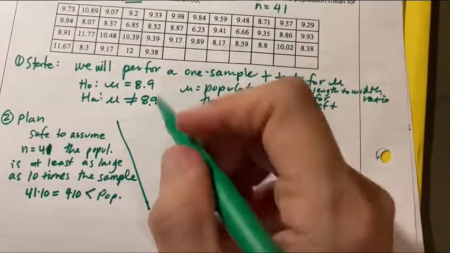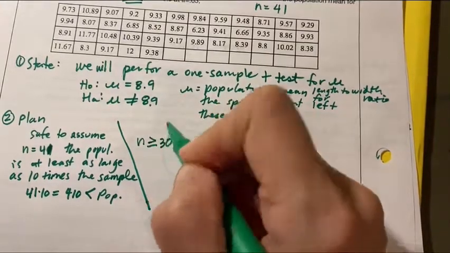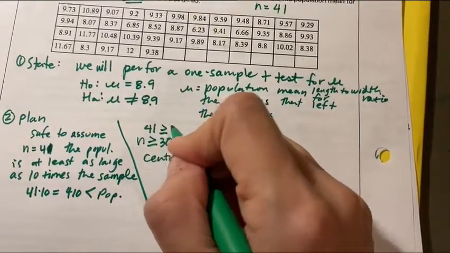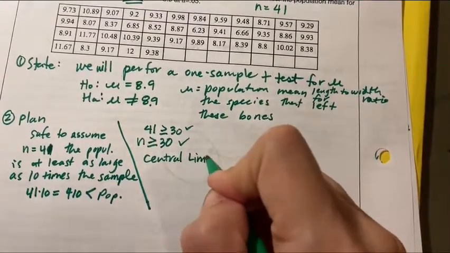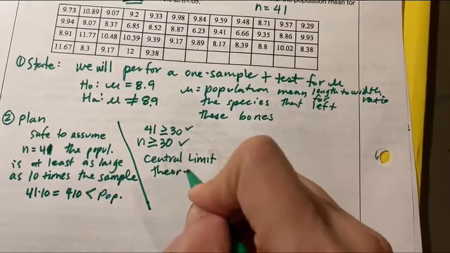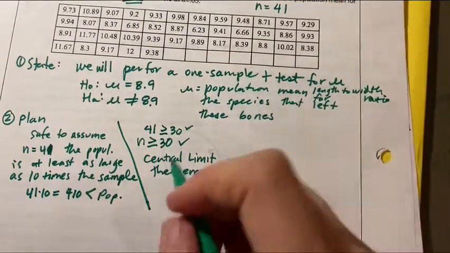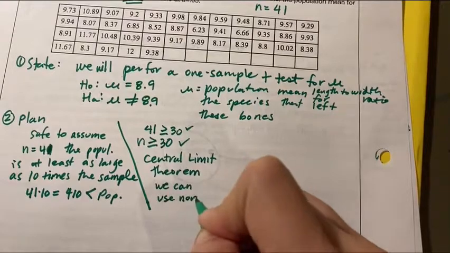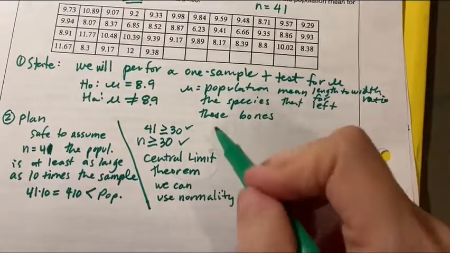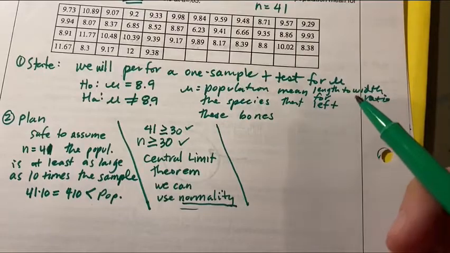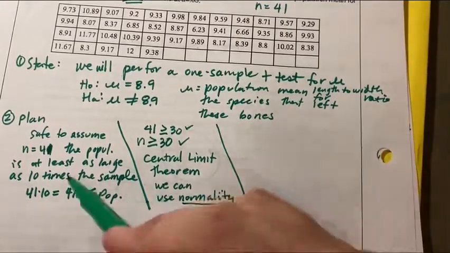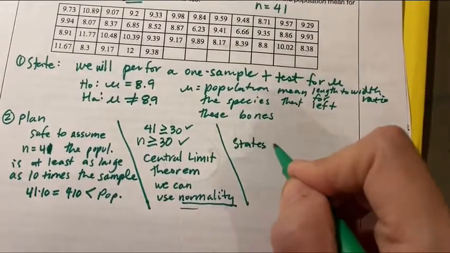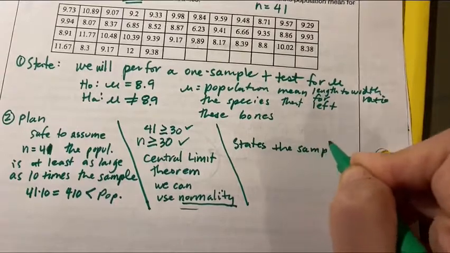What else? Well, we need n to be greater than or equal to 30 based on the central limit theorem, and it is. Last time I checked, 41 is greater than or equal to 30. So we can assume approximately normal. What's the last one? Random. The problem states the sample was random.